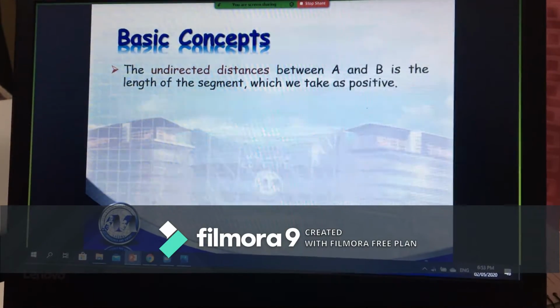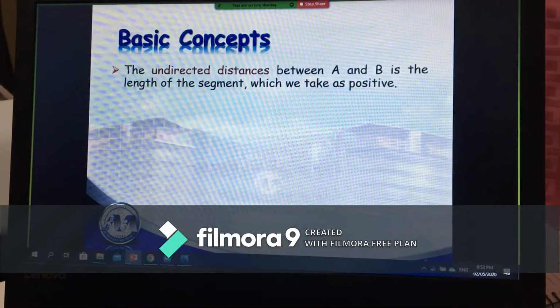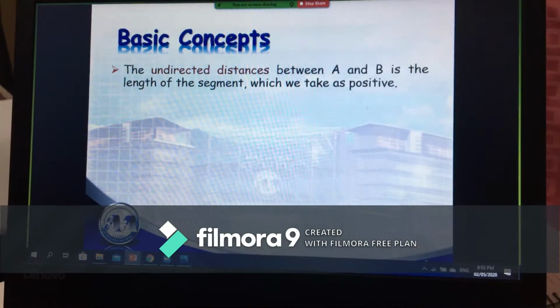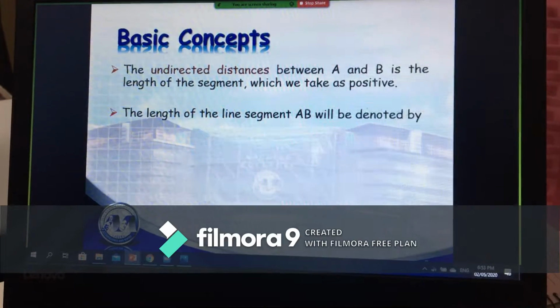In other words, if you take the distance from A to B or from B to A, it is undirected, so we take it as positive.